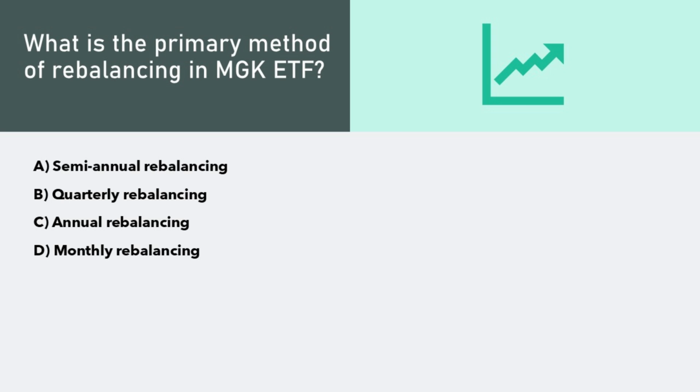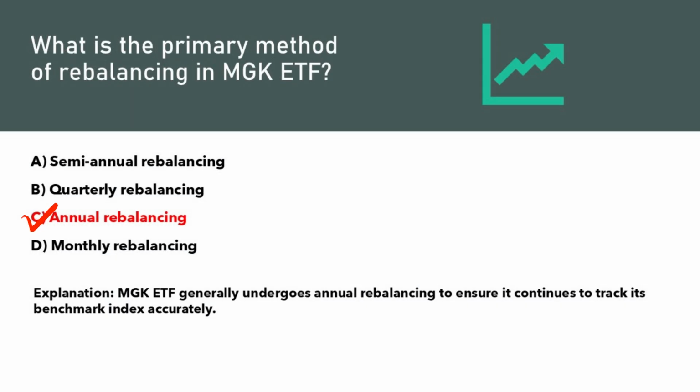What is the primary method of rebalancing in MGK ETF? Answer: C. Annual rebalancing. Explanation: MGK ETF generally undergoes annual rebalancing to ensure it continues to track its benchmark index accurately.